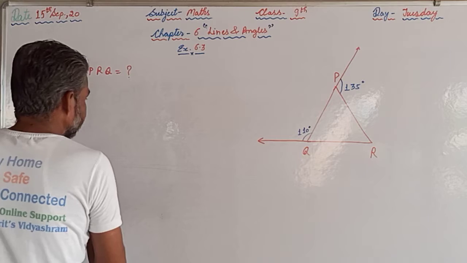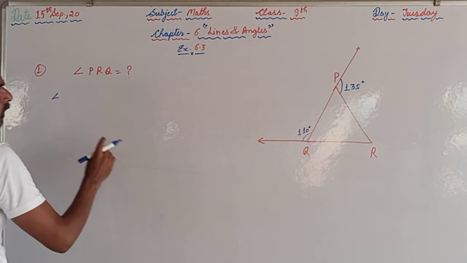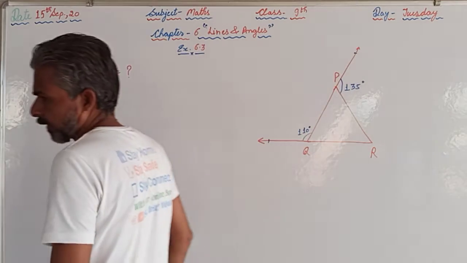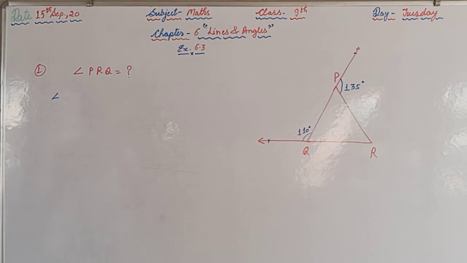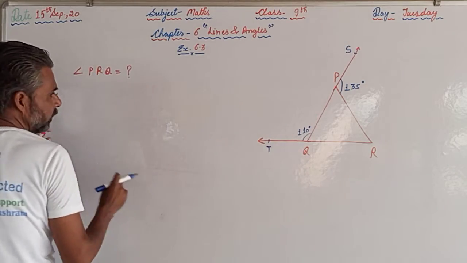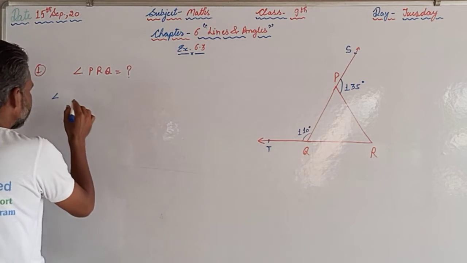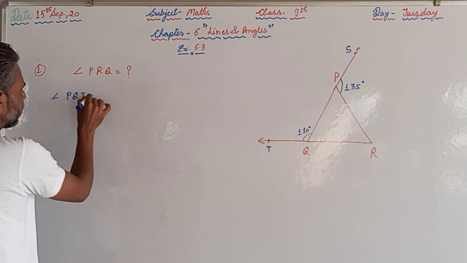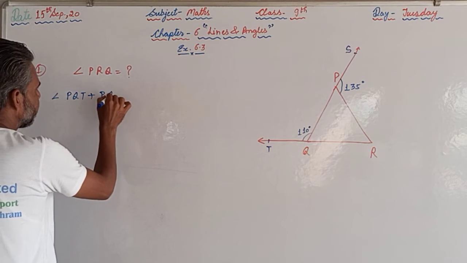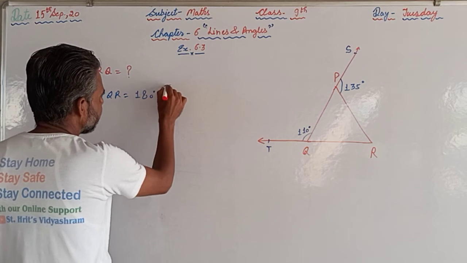So we can use the properties. Here these 2 points are given, that is S and T. Angle PQT plus angle PQR is equal to 180 degree. Why?